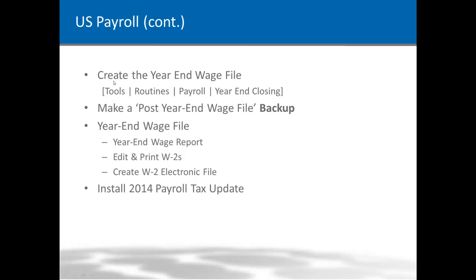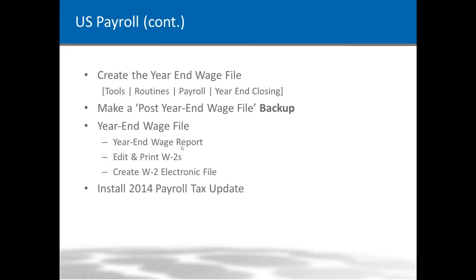Then you create the year-end wage file: Tools, Routines, Payroll, and then Year-End Closing. Then you're going to make a post-year-end wage backup. Again, that's going to be used a lot.